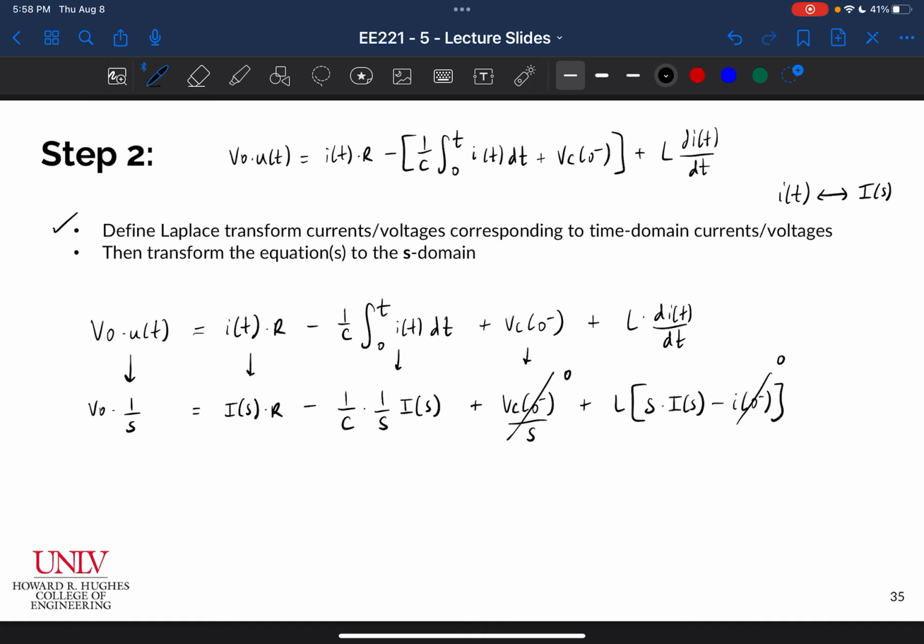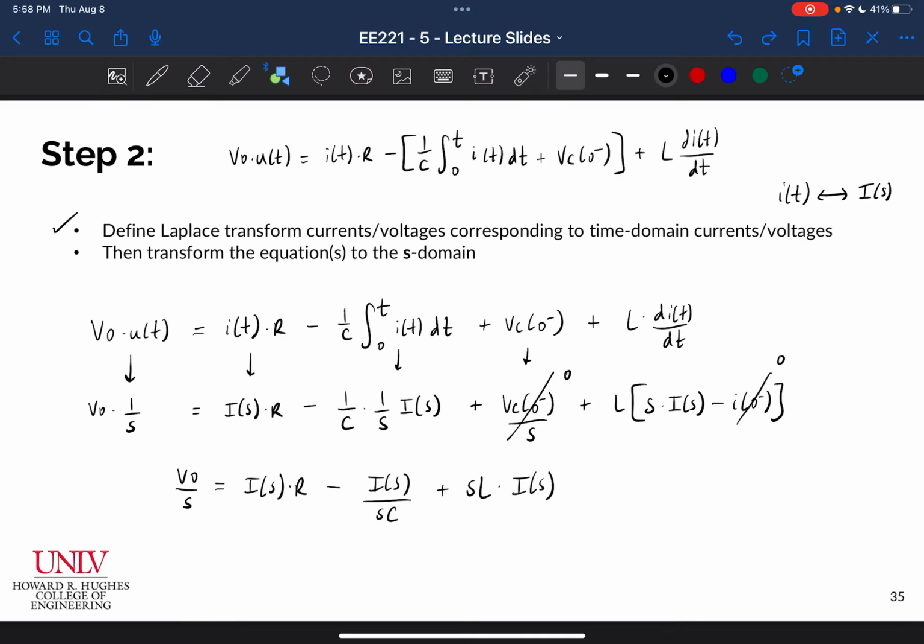And so we can send both of those terms to 0, and our final equation here in the s domain is going to be V0 over s equals I of s times R minus I of s over sC plus sL times I of s equals 0. Or sorry, not equals 0. That's the expression right there.